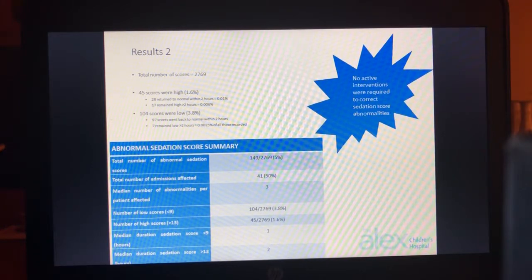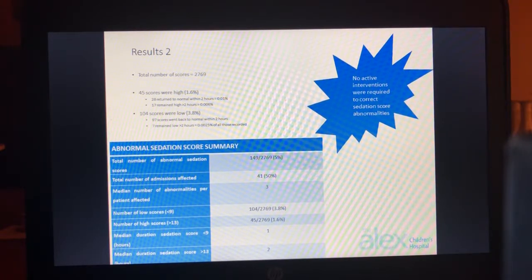Here are the results of Poppy's work. She's collected over 2,700 sets of scores, in fact 2,769 to be exact, in over 100 patients. And the most striking finding is represented in the large star on the right, which summarises that there were no active interventions required to correct any of the sedation score abnormalities.